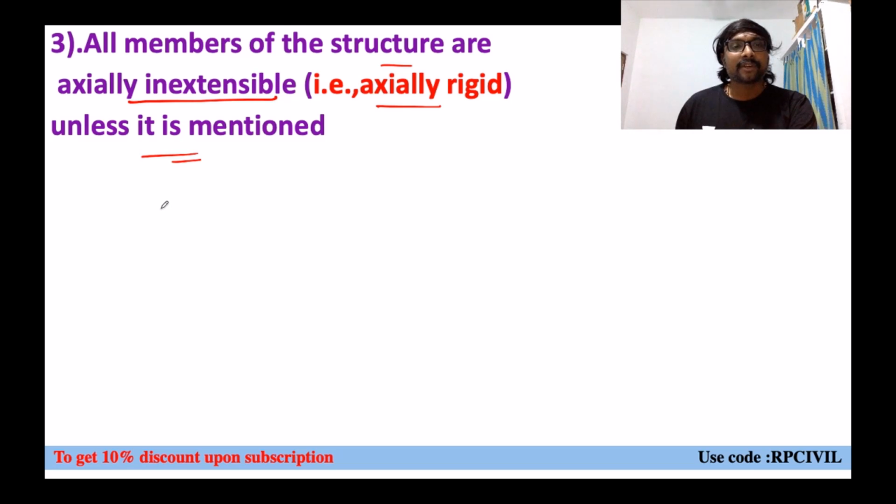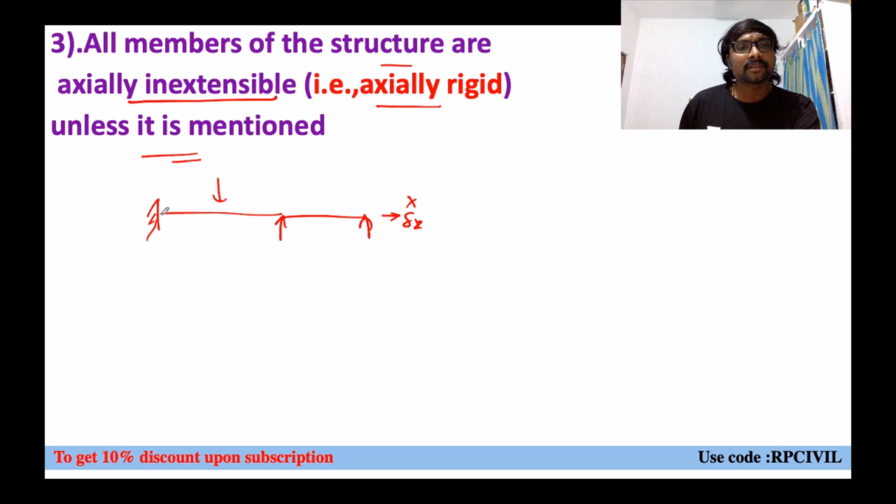If you consider this particular beam, for example, what do you consider? The axial deformation, meaning deflection in this direction, we don't consider. But deflection in this vertical direction, delta y, yes, we'll consider, right?